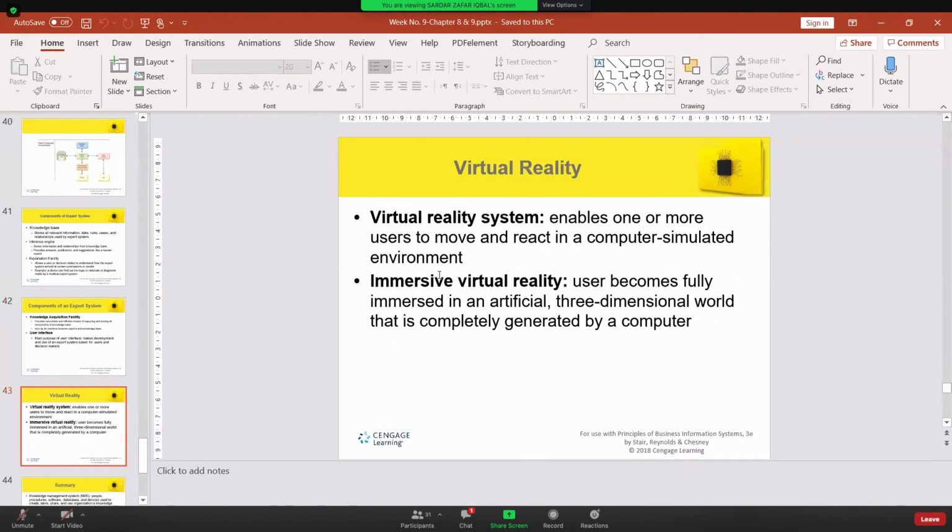So a virtual reality system enables one or more users to move and react in a computer simulated environment. And in immersive virtual reality, the user becomes fully immersed in an artificial three-dimensional world. So both are virtual reality systems. Have you used the Oculus Rift? The glasses, the goggles, that gamers normally use.